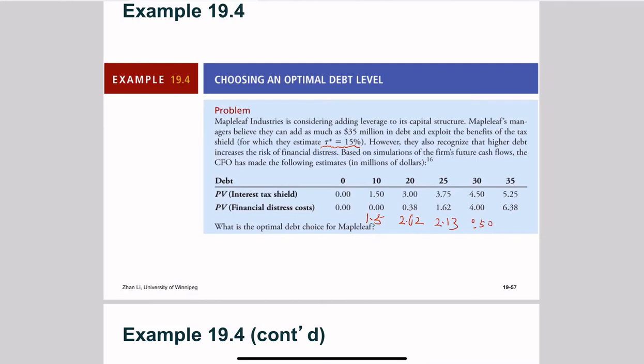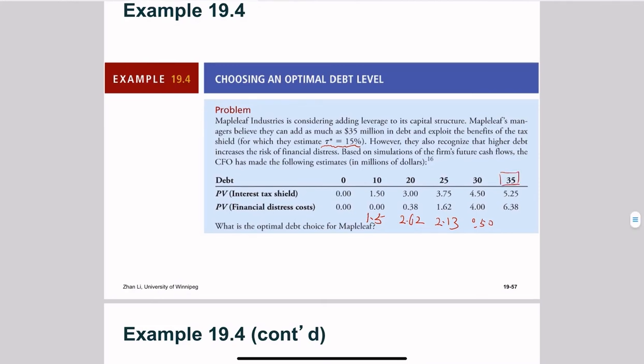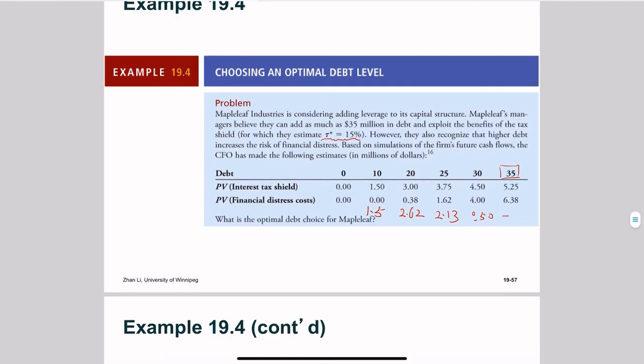This would be, so in the last case, with a high level of debt, you can see that the net benefit is actually negative. So it's minus 0.87.